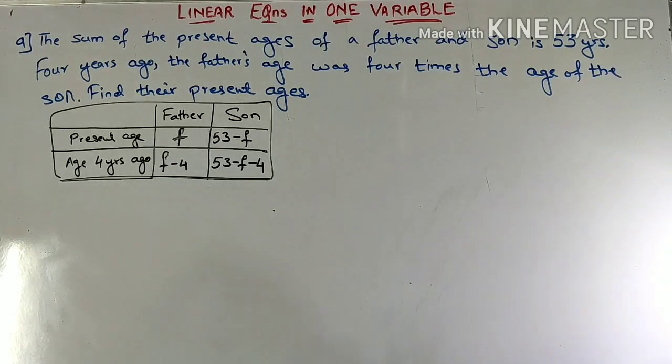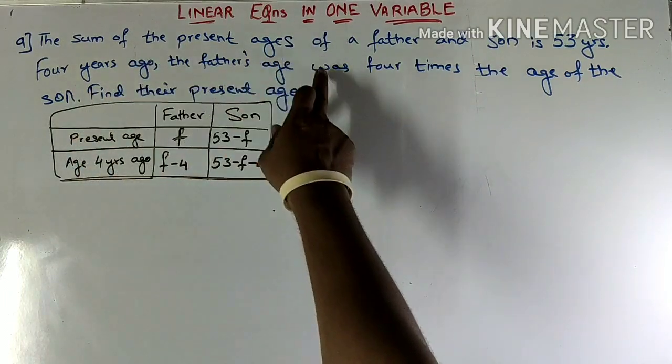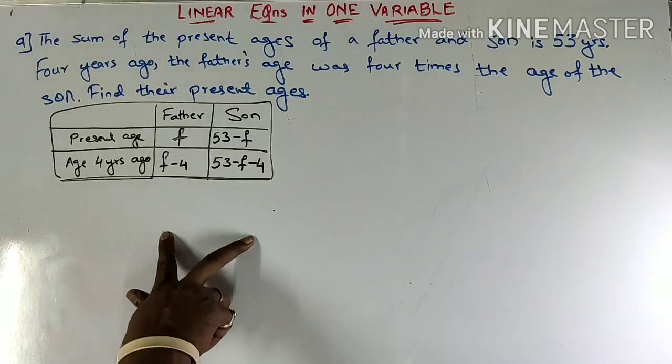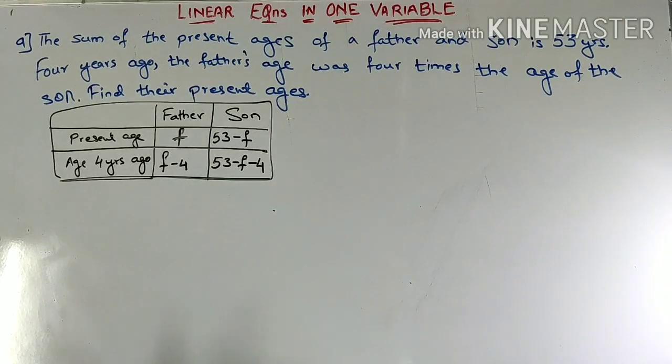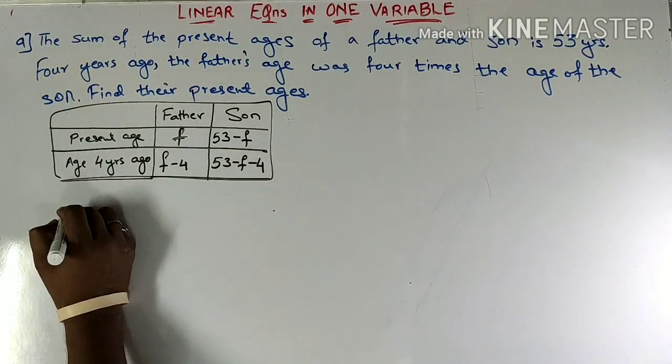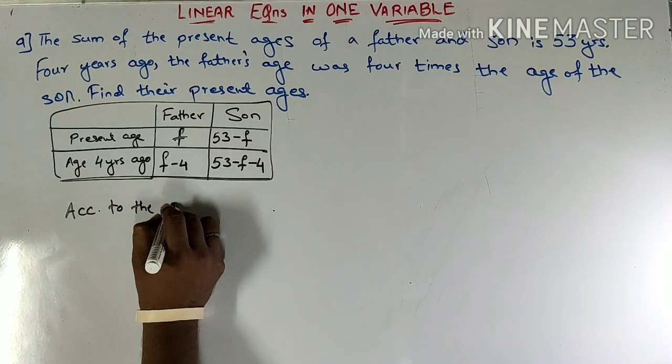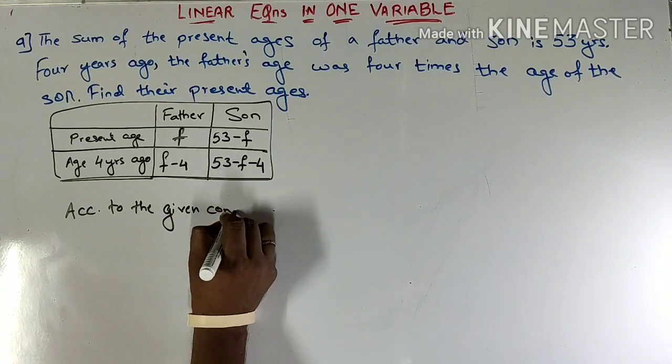So moving ahead with the problem. 4 years ago the father's age was 4 times the age of the son. So use this 4 years ago data and start solving according to the given condition.